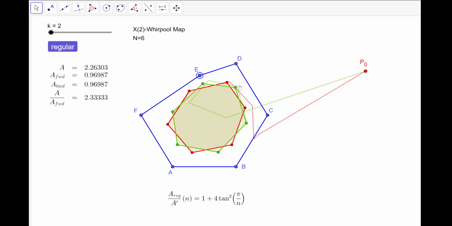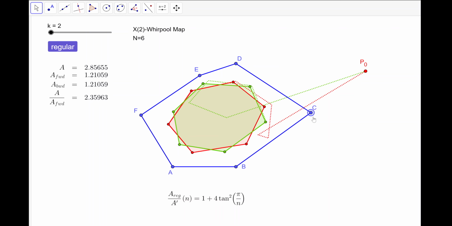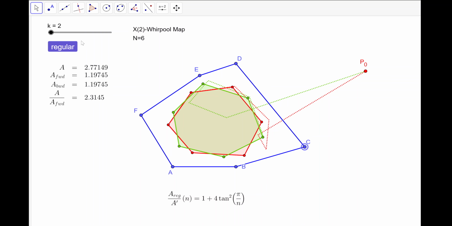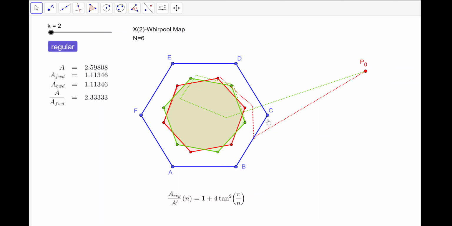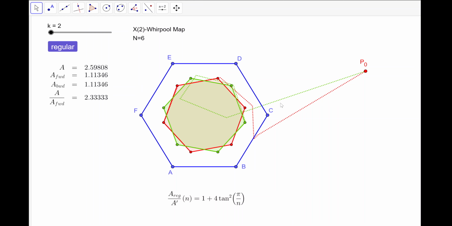Now, if I start moving some other vertex, B, for example, or C, you can see that that area ratio is changing because now I have two vertices that have been perturbed away from their regular configuration. So if I go back to regular, I restore the 7/3, and then I can start moving F. I get the same thing. If I restore it, I start moving C. I get the same thing. So we notice this very interesting phenomenon here.